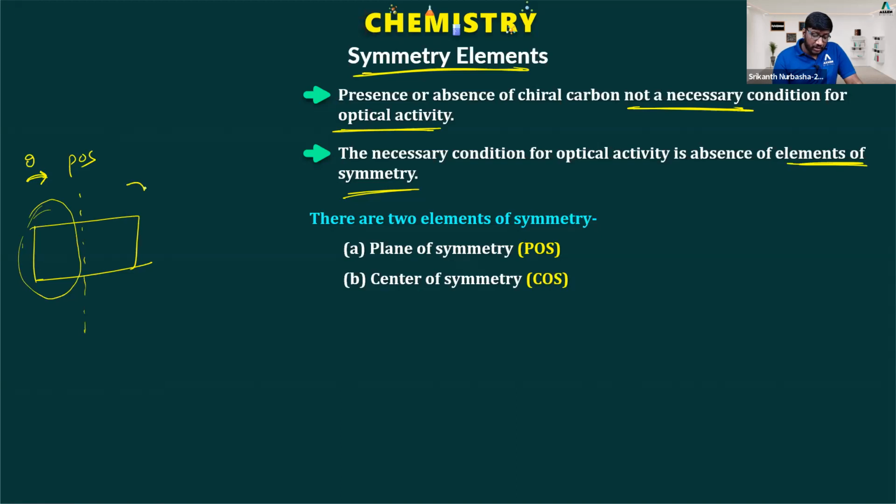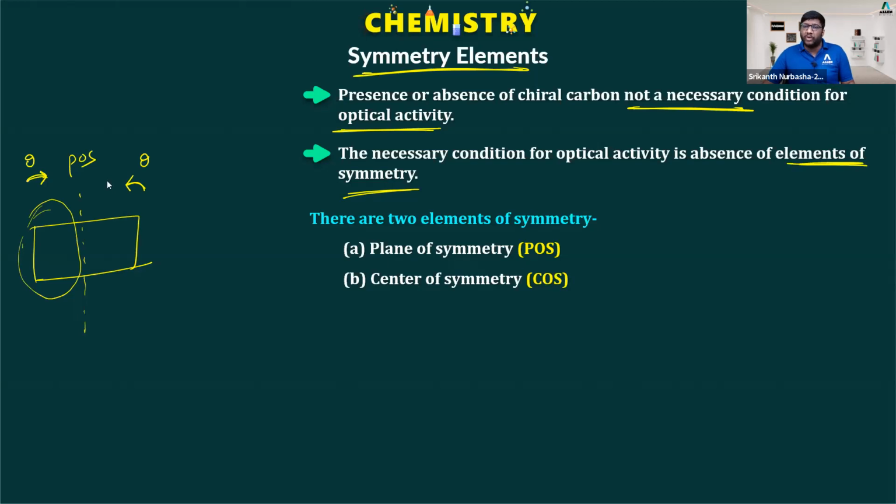Then the other, symmetrical part will rotate it by exactly angle theta but in the anti-clockwise direction. One part of the molecule nullifies the optical rotation of the other part.